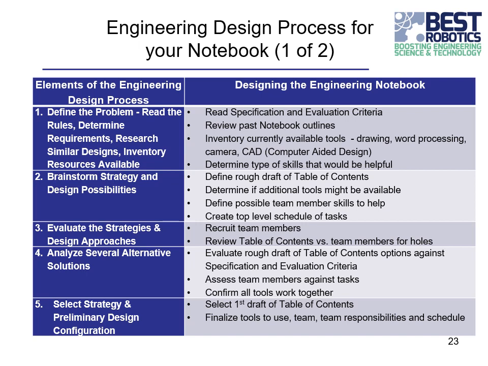Then it talks about having a draft table of contents, getting team members, having a rough draft, and looking at the team members who are going to do this, making sure you have all the tools that fit together, coming up with a first draft, responsibilities, schedule, and finalizing all that.